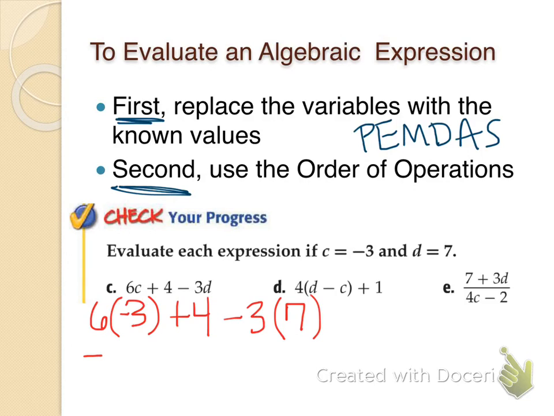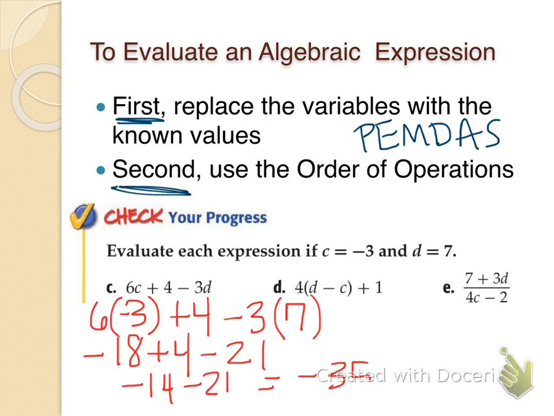So 6 times -3 is -18, plus 4. -3 times 7 is -21. All right, now doing my addition and subtraction from left to right. -18 plus 4 is -14. Minus 21 equals -35. So on these, you're actually going to get an answer. When it says evaluate, that means you need an answer.